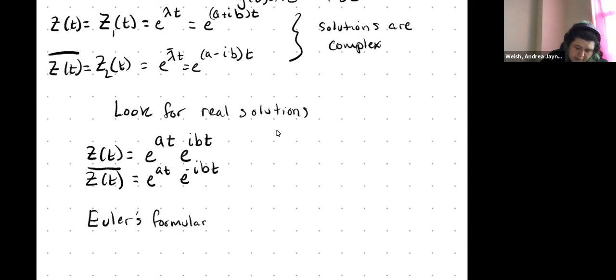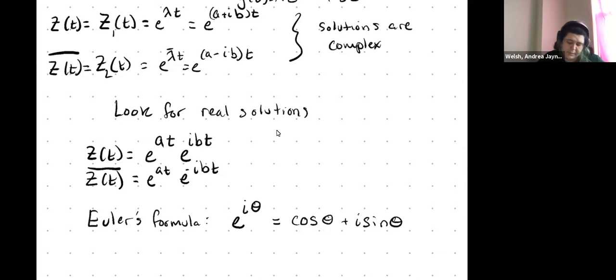Euler's formula is how we get this connection from our exponentials to our sines and cosines. Euler's formula tells us that e^(iθ) is the same thing as cos θ + i sin θ.